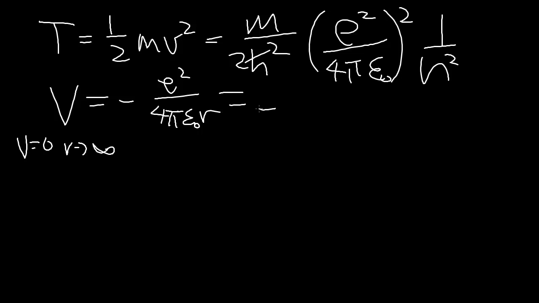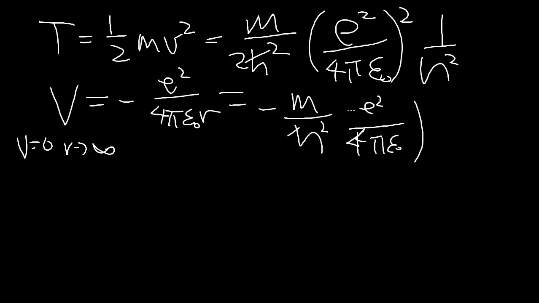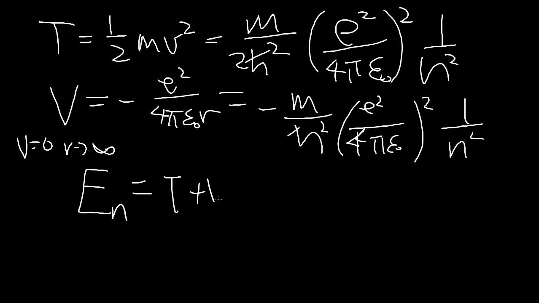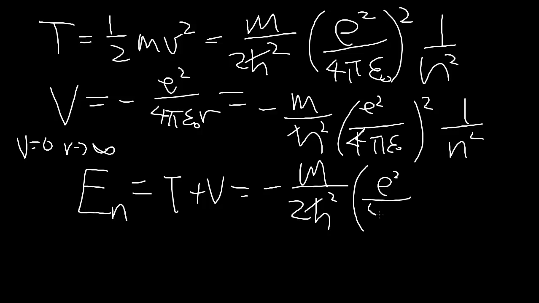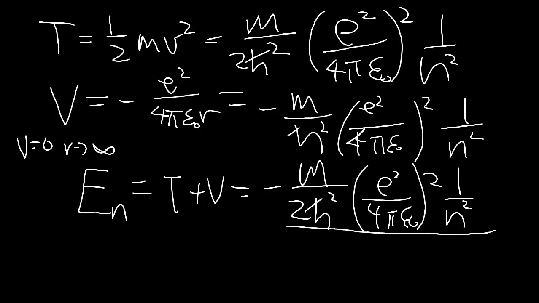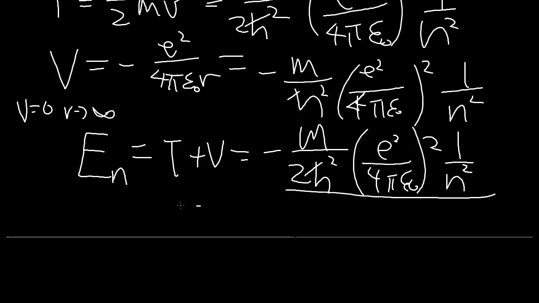So negative m h bar squared over 4 pi epsilon naught, and so on, times 1 over n squared. And then the total energy is, of course, T plus V, which gives us that. And we have the expected result that En is directly proportional to 1 over n squared.